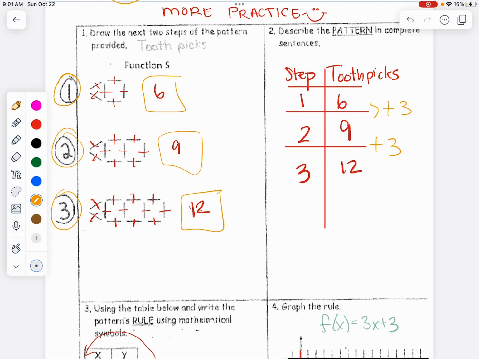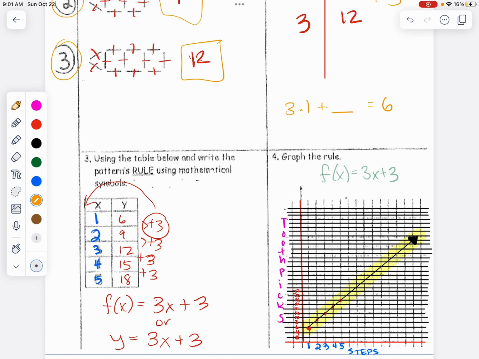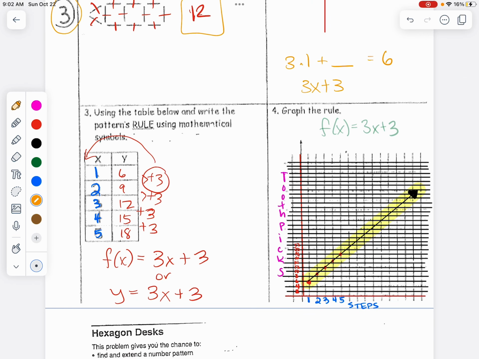And then we write our function rule. We know that this is multiplying consecutively. So 3 times 1 plus something equals 6. And we find that that's 3 times x plus 3, right, will equal 6. So we finish the table off here, find our function rule, and we go ahead and graph those points, right?